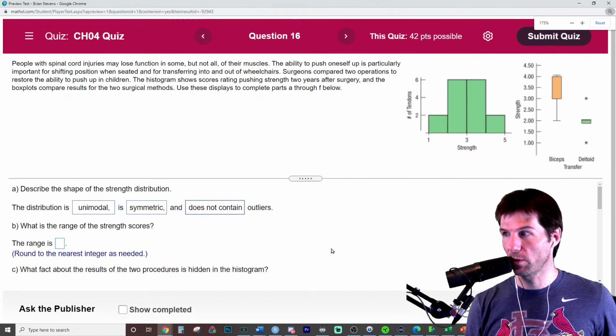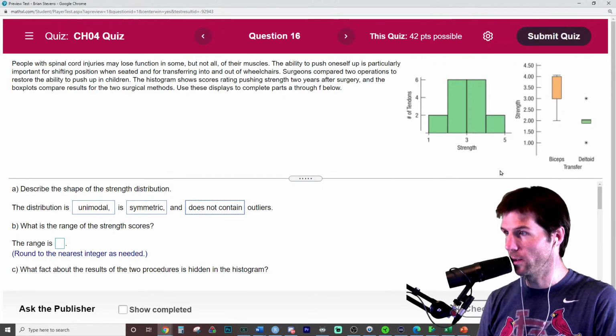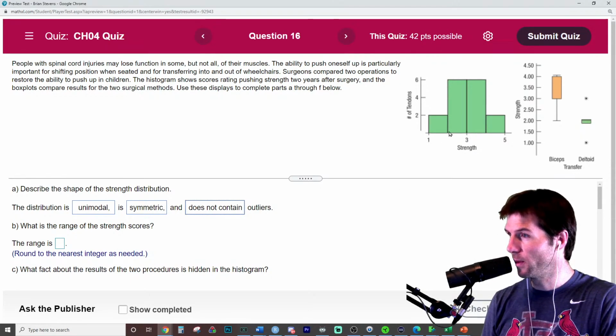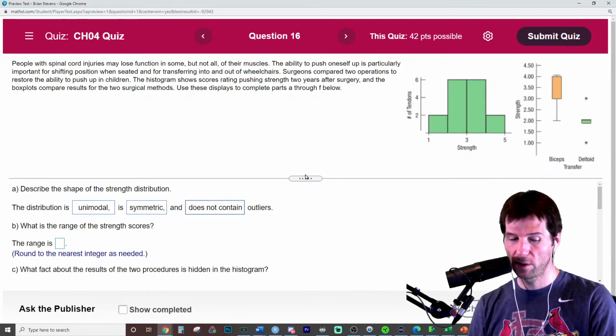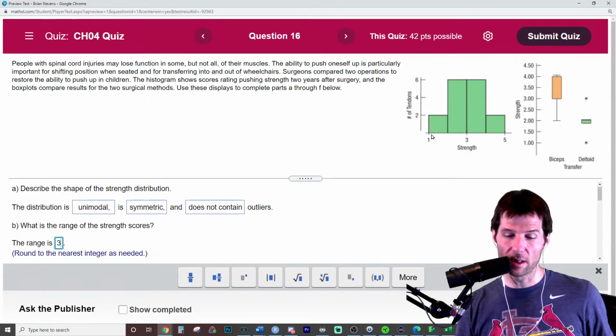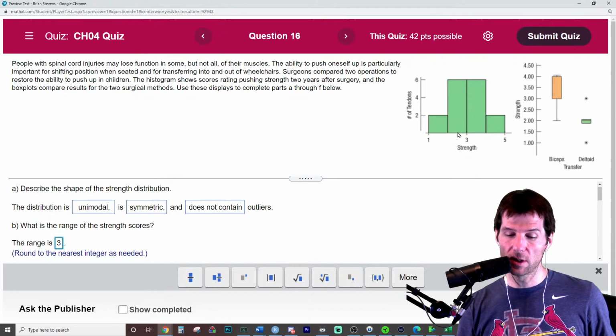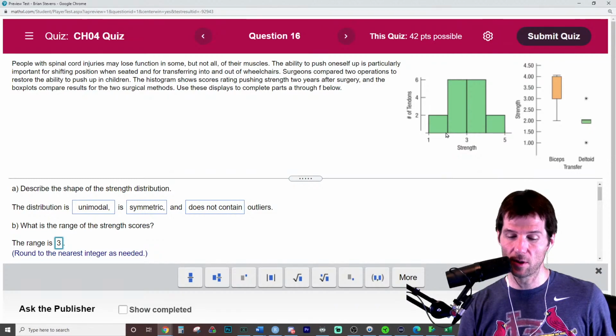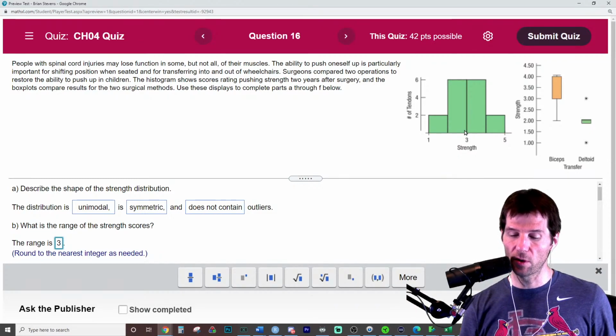What is the range of the strength scores? Well, you have to be very careful right here, because if you look at the histogram, you might say it's 1 to 5, but over here you can see it's about 1 to about 4. Round to the nearest integer. See, they're trying to make sure you don't look at the histogram, because the data goes into bins right here. This is any number between 1 and 2, containing 1, up to 2, not including 2. Any number from 2 to 3, not including 3.